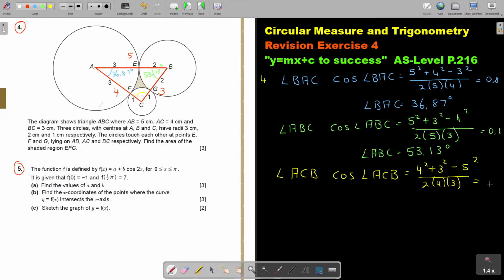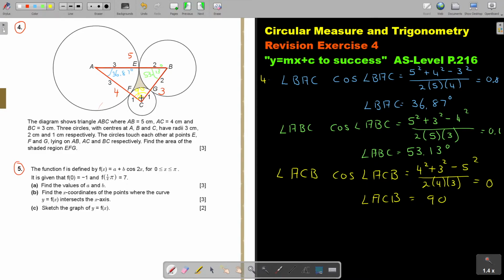With shift cos, angle ACB is 90 degrees, as we predicted. Now I have all my angles.